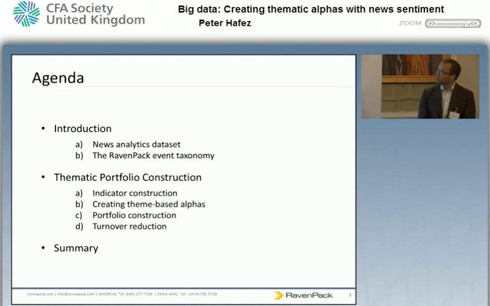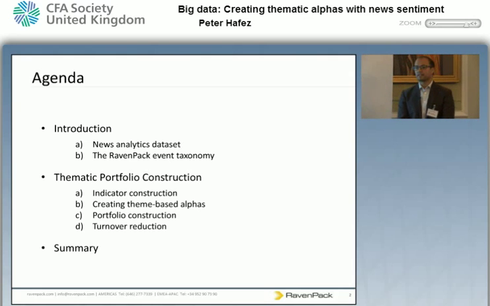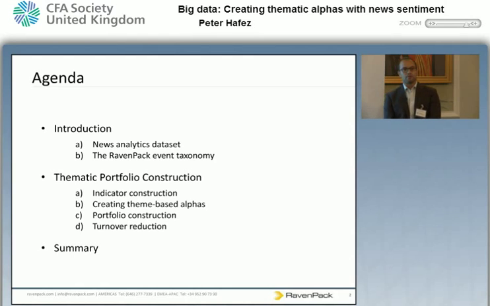So if we jump into the presentation, I'll first provide a quick overview of what a news analytics dataset looks like. I'm going to focus on some of the key attributes that are important when you start working with this type of data. I'll also present a little bit on our event taxonomy, which is one of our key selling points, and which we believe is very important if you want to take full advantage of this type of data.